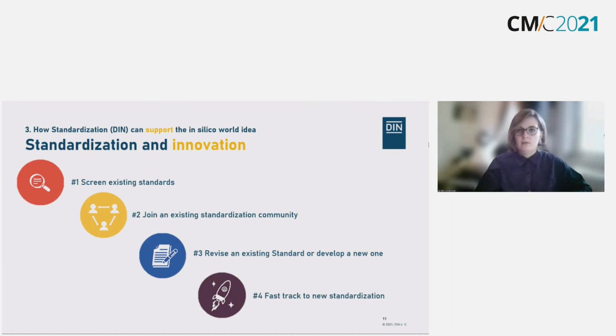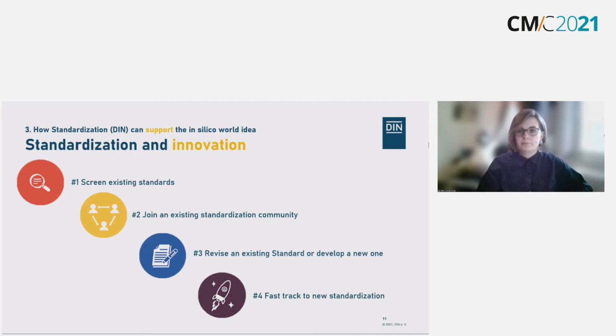standardization. This can be done through so-called workshop agreements, which are specific documents designed for research and innovation projects that may form later on the basis for new standards. In general, a regular standard is developed within 36 to 48 months, while for a workshop agreement, the drafting time is about 6 to 12 months, which fits perfectly into the maybe short time of a project.